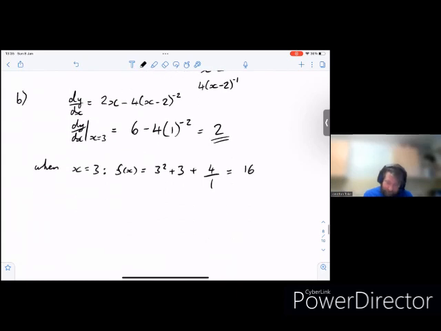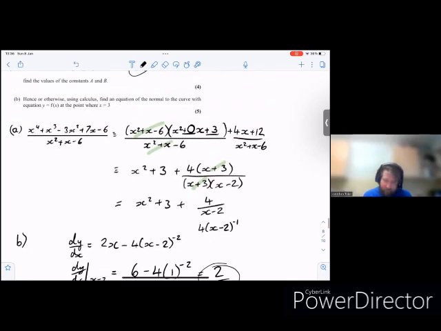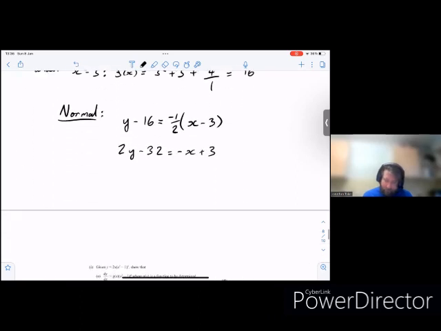So the equation of the normal then is y minus y1, which is 16, equals m. So the gradient we got up here was for the tangent. We want the normal. So it's minus a half times x minus 3. So that's 2y minus 32 equals minus x plus 3. Does it say how it wants it written? Find an equation. So let's say 2y plus x equals 35. That's an equation of the normal there.